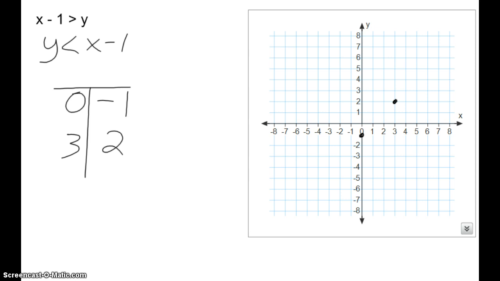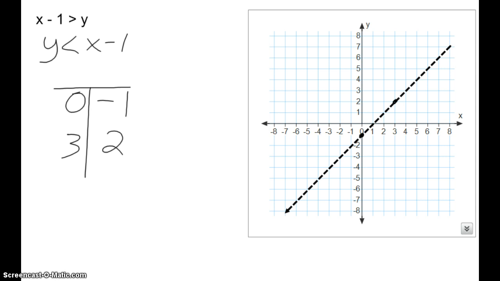And my line this time is going to be right here. There we are. Okay, so there's my line. Now, which part do I graph? The part that I graph is the part that is true.